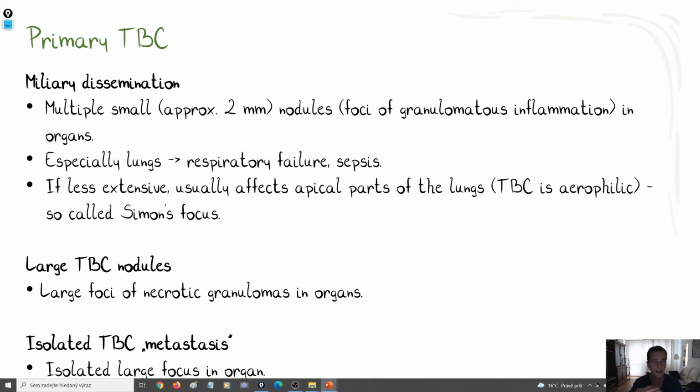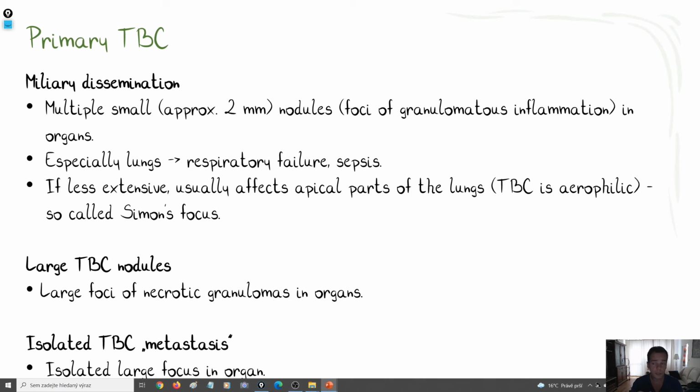The lungs are heavily affected by multiple nodules. Often the whole lung is affected by this miliary dissemination, and it leads to rapid respiratory failure, and the patient develops sepsis.